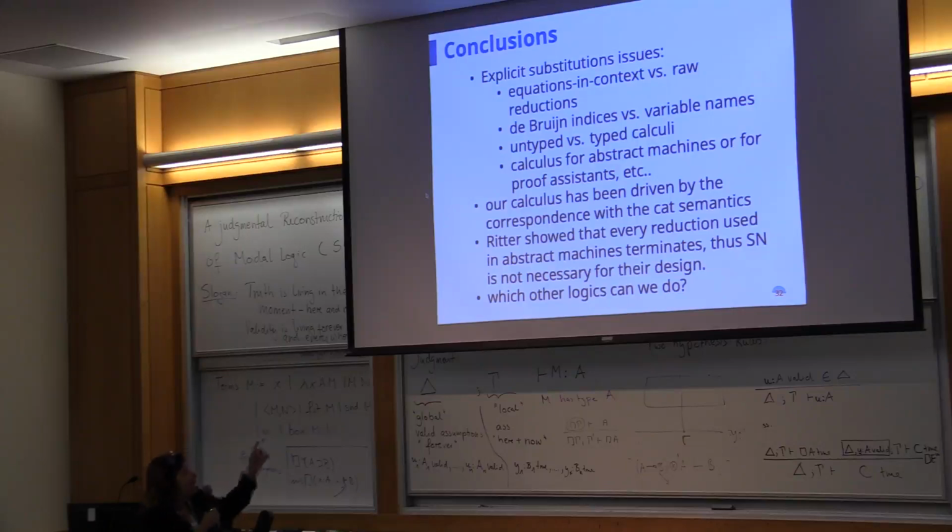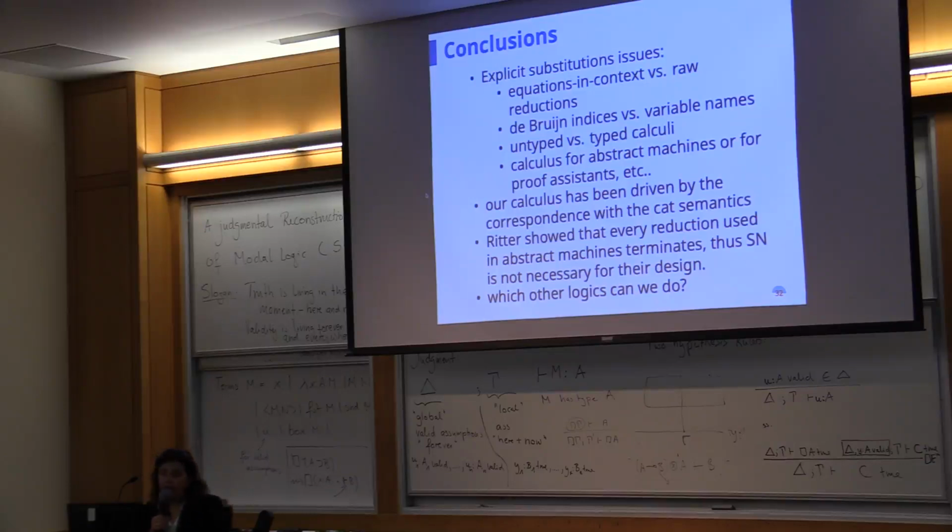And as I was saying here, there is a paper that shows that every reduction used in abstract machines terminates. So perhaps you don't need strong normalization in your calculus so much. That one I don't even know where I stand. I'm just repeating what I've been told.